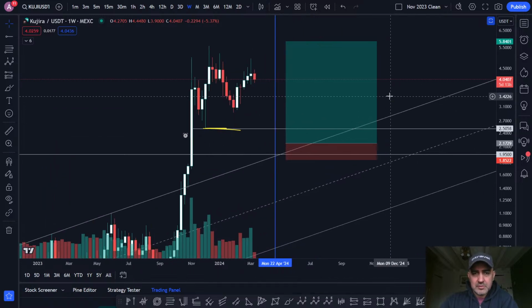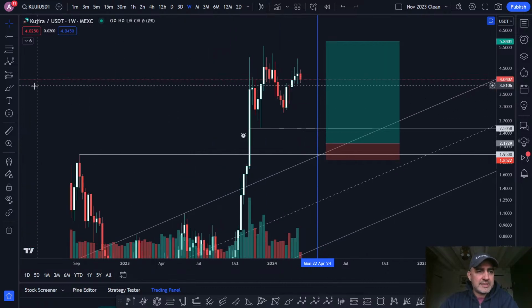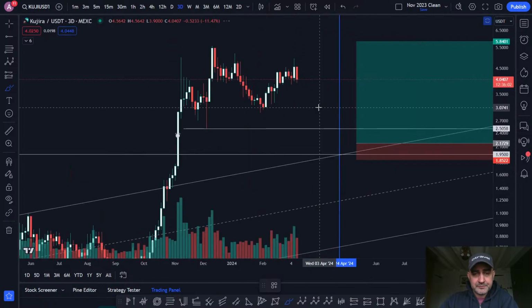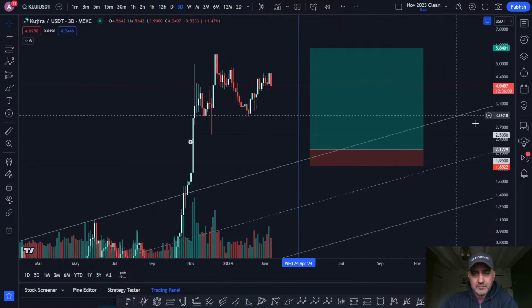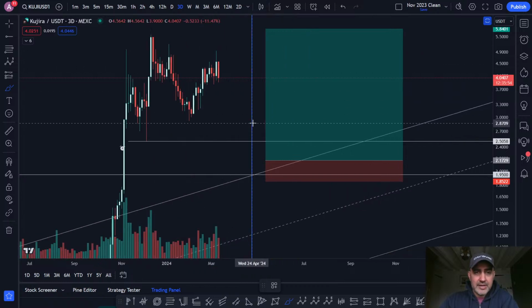So potentially there's two ideas here. This is the weekly time frame, but let me zoom in a little bit. You can clearly see it's an inverse head and shoulders pattern forming.